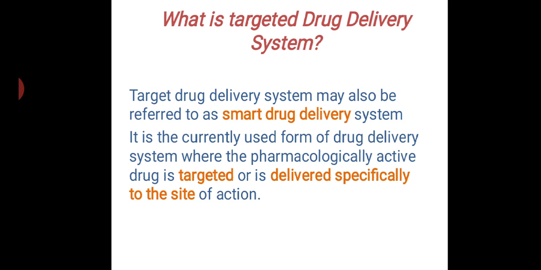In short, targeted drug delivery systems are smart delivery systems, which are able to deliver the drug molecule to a particular site specifically. Assume the normal tablet or capsule that we are administering, irrespective of the route, either oral or IV or whatever route it might be.